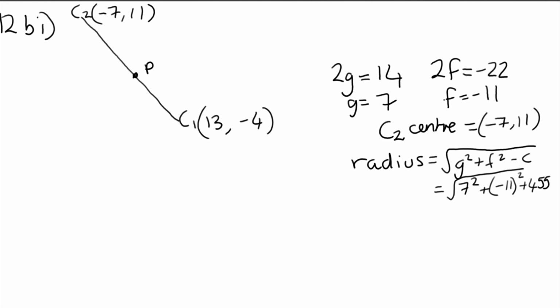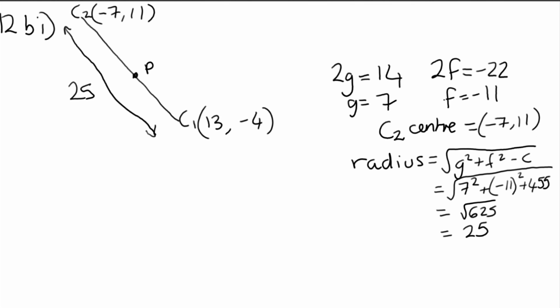And that's in a square root, which is 625. And the square root of that is 25, so the radius is 25. That means the distance between C1 and C2 will be 25 because that's the same length as the radius if you look at the diagram that you were given.